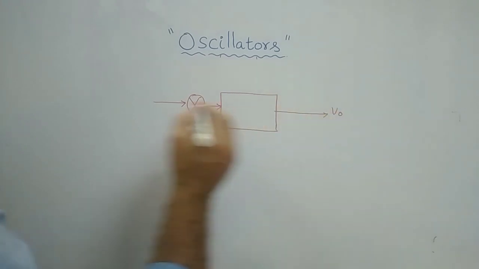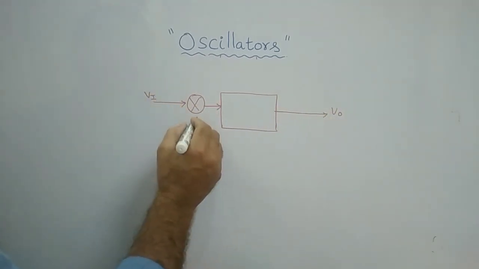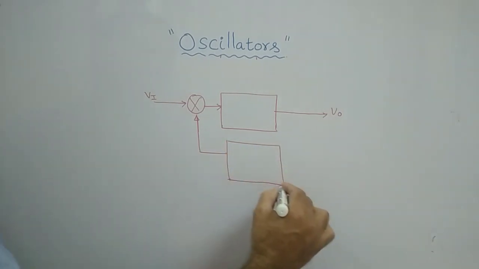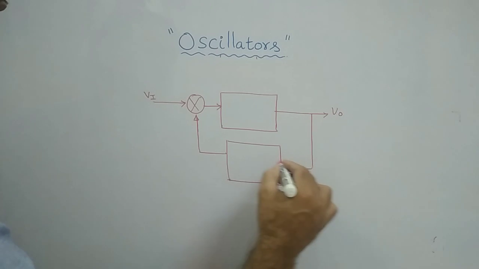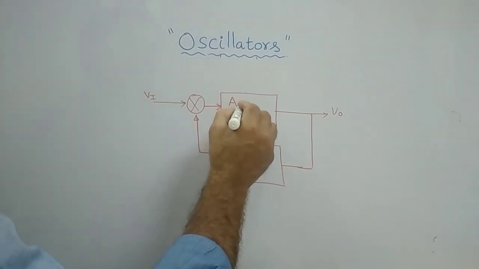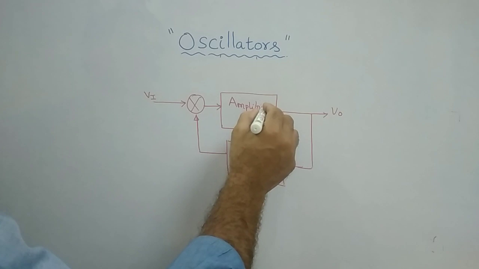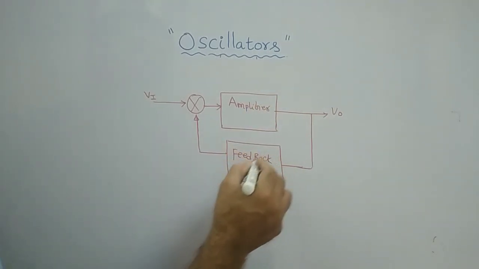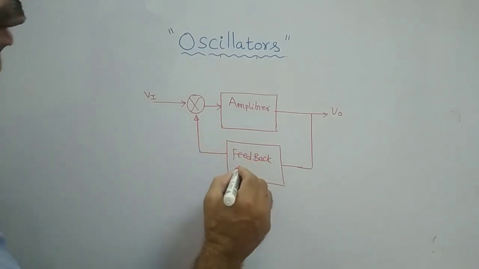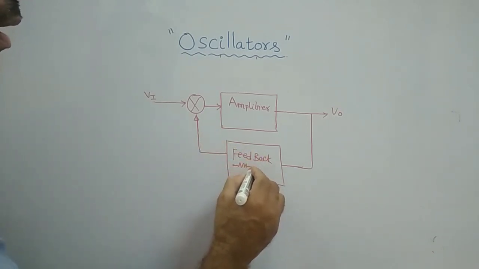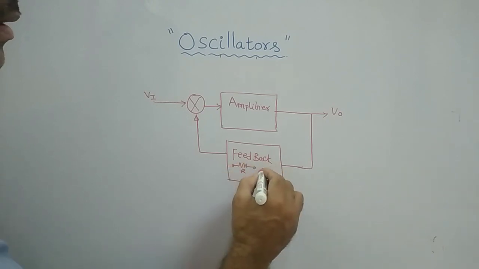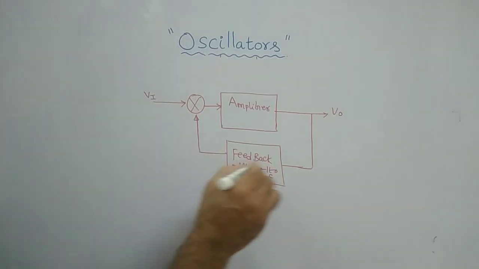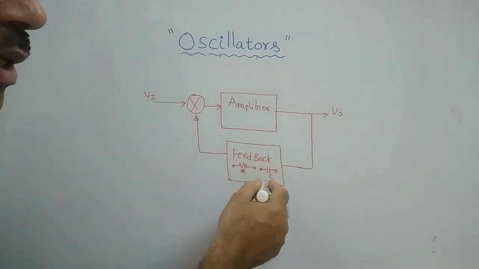This is V0, this is Vi, this is my feedback network, and this is the amplifier part. RC here means the resistances R and capacitances C are the main feedback elements used in the feedback network.